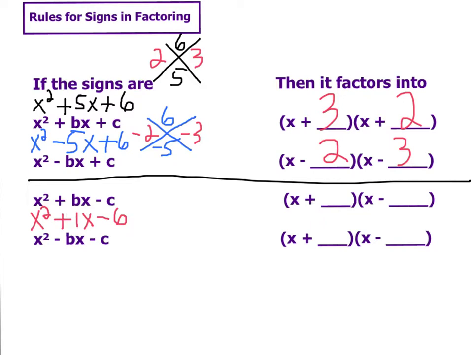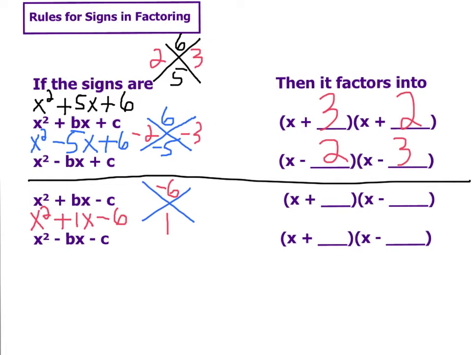So let's set up our x chart and let's put negative 6 here, and then let's put 1, our sum, here. And remember, we have to say to ourselves, what multiplied to what is negative 6, but if you add them together, you get 1.